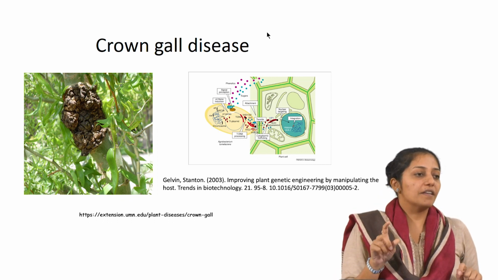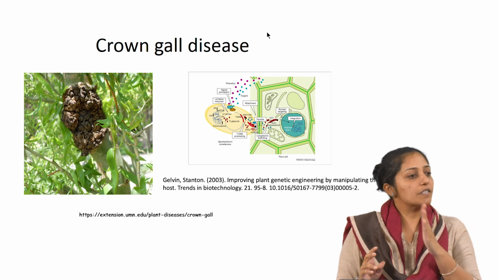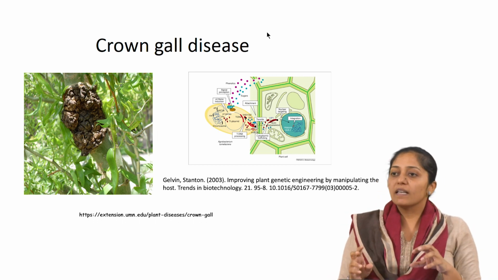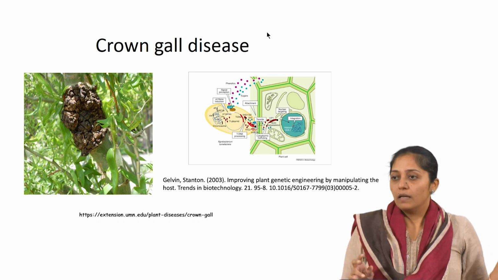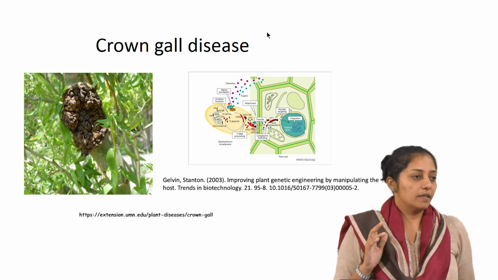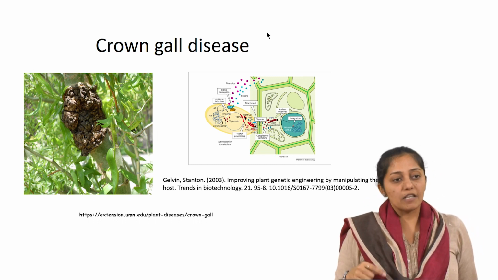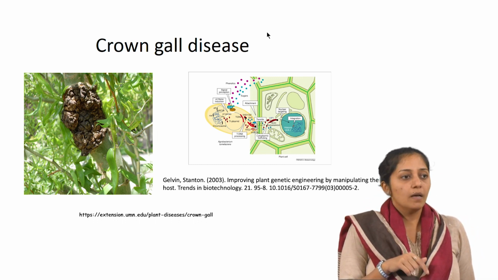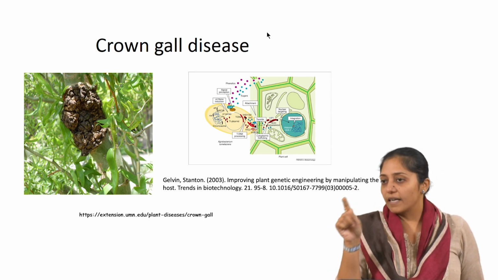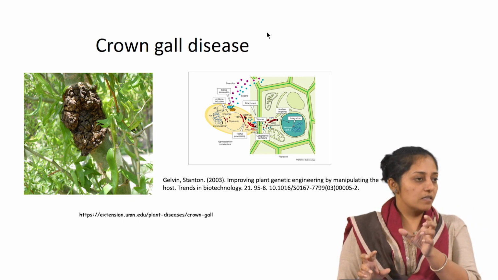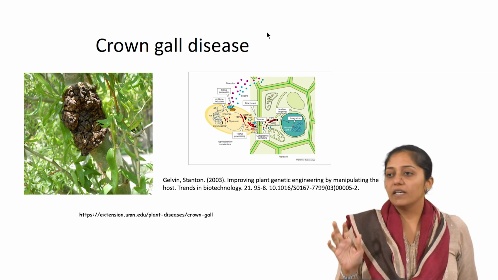These are called binary vectors because they have an origin of replication for E. coli as well as for Agrobacterium, so that they can multiply and get maintained in E. coli and also in Agrobacterium, and they will have your tDNA. Now the inherent TI plasmid is disarmed, but this vector will have the tDNA with your polylinker site MCS, with your marker system, with your promoter and your 3' UTR poly A signal.